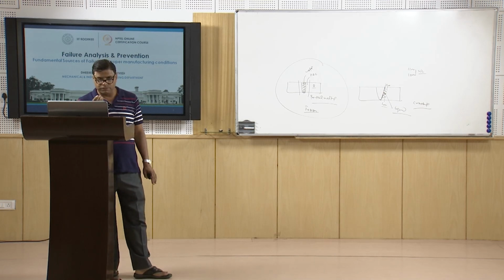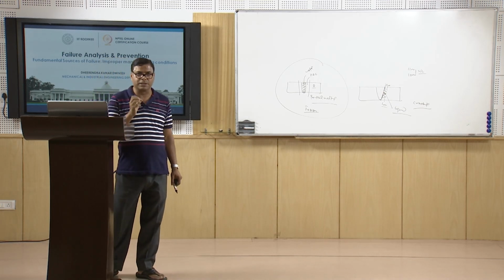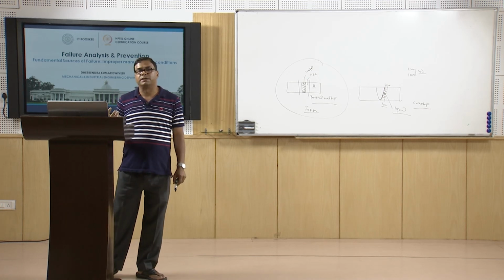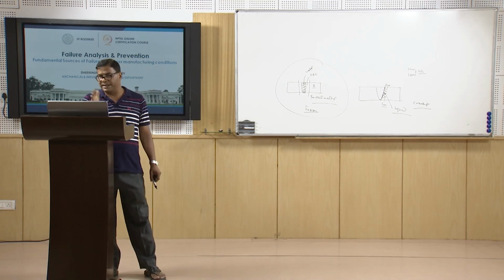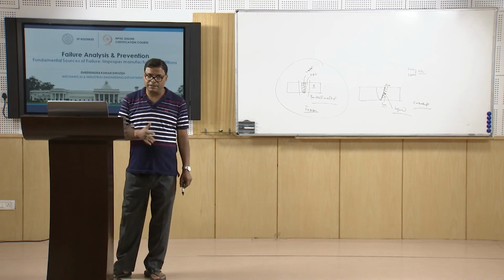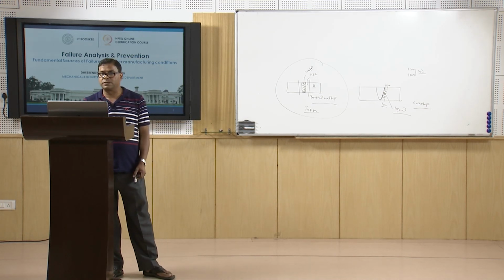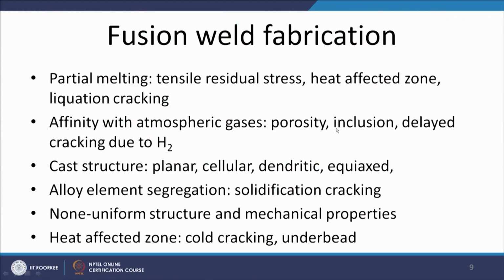Similarly, in fusion weld fabrication, if hydrogen is introduced in the weld metal, especially in the case of hardenable steels, this hydrogen gets into the heat affected zone, and if the heat affected zone, due to the high cooling rate, forms martensite and high hardness, then it promotes delayed cracking or hydrogen induced cracking. Hydrogen also causes porosity, and the presence of atmospheric gases like oxygen and nitrogen in the weld promotes inclusions.